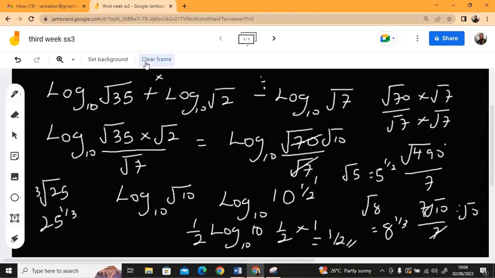Now let's move on. Let's assume we are given another one. You are given log root 8 over log 8. Now you can do this division as minus, then apply the laws, but I'll show you the best way of doing this.